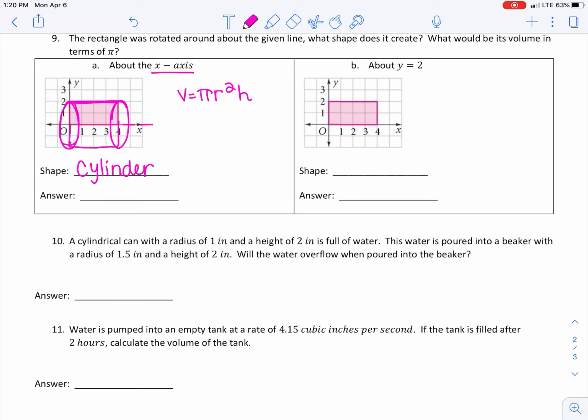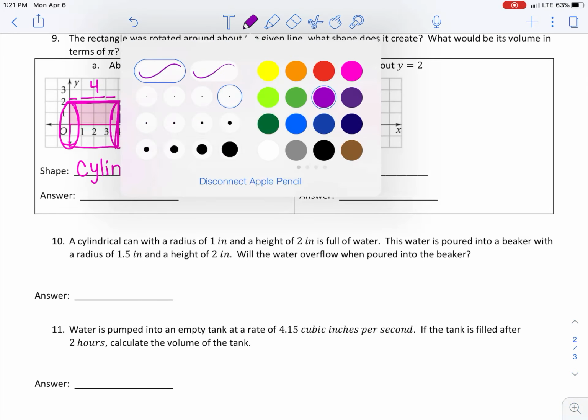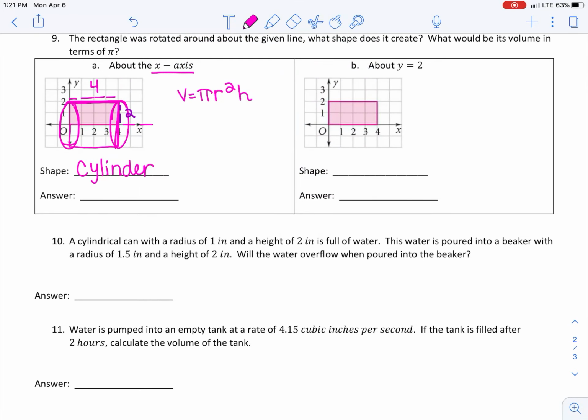Okay? And so all we're going to do is count. We're saying 1, 2, 3, 4 units for my height. Okay, and then you're going to have to find the radius. Well, since this is the entire diameter, your radius is only going to be half of that. So it's only going to be 1, 2 units. Okay, and we can go ahead and plug that into our equation. So we end up with volume equals pi times our radius of 2 squared times our height of 4.